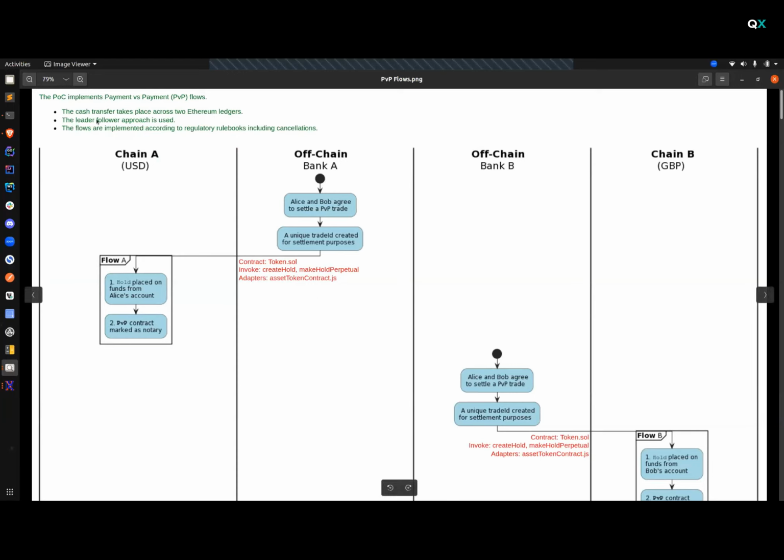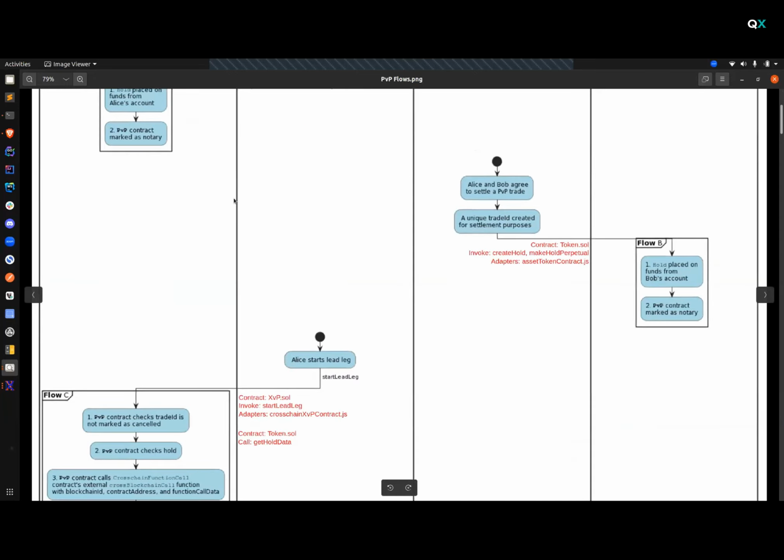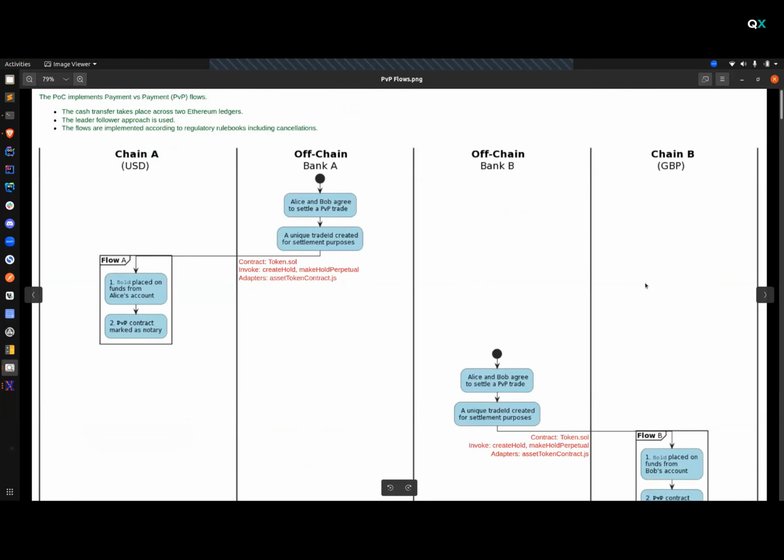So for that, we used a leader-follower approach built on top of this messaging protocol provided by the EEA, meaning we will start with an action on a lead ledger, follow up with something on a follow ledger, and then finalize the process on the lead ledger again.